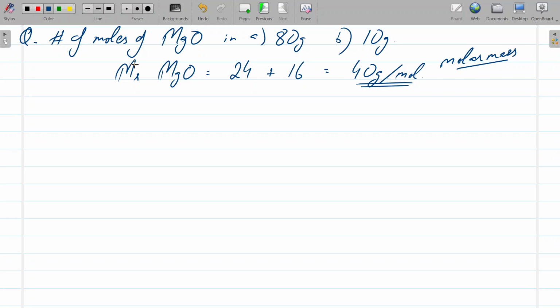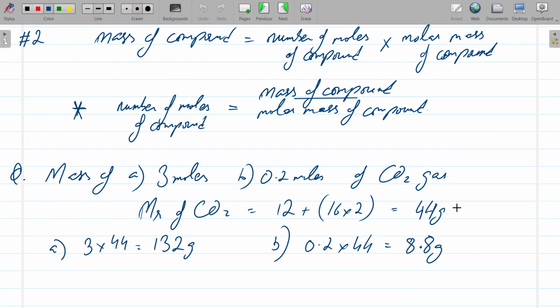That the relative molecular mass is 1 mole. So every mole of magnesium oxide is 40 grams. So there's 40 grams of magnesium oxide for every mole of the substance. So if I go back, I can even write down 44 grams per mole of carbon dioxide.